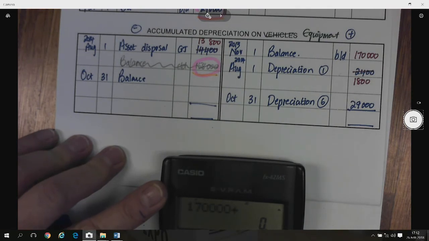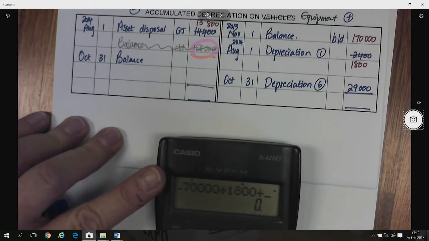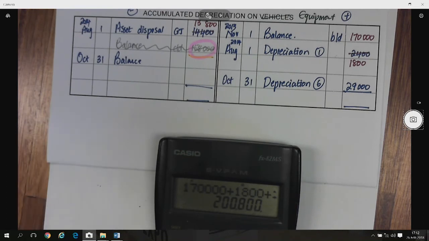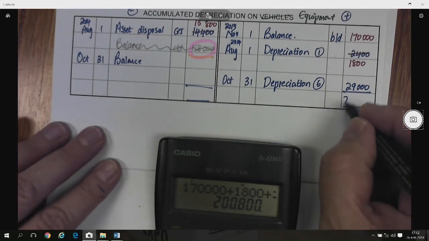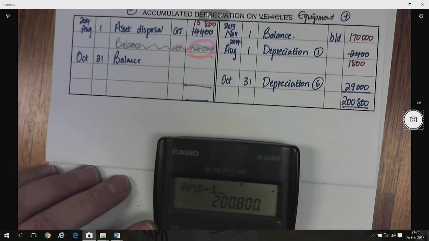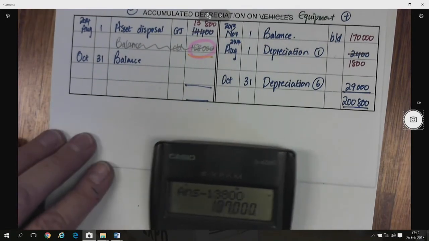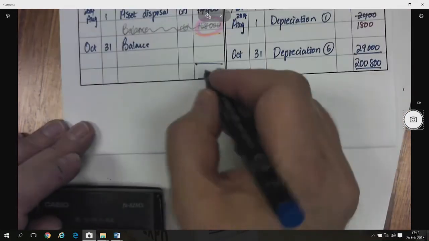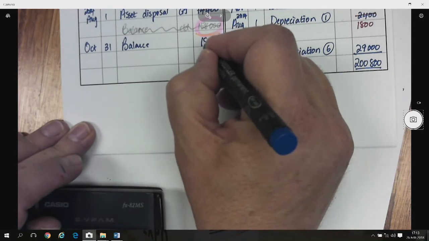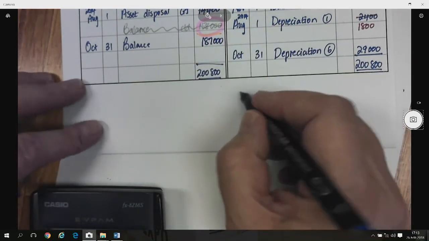But now we work with the correct amounts. 1,800 was step 1. 29,000 was step 6. That gives us 200,800 minus 13,800. That gives us a balance of 187,000.